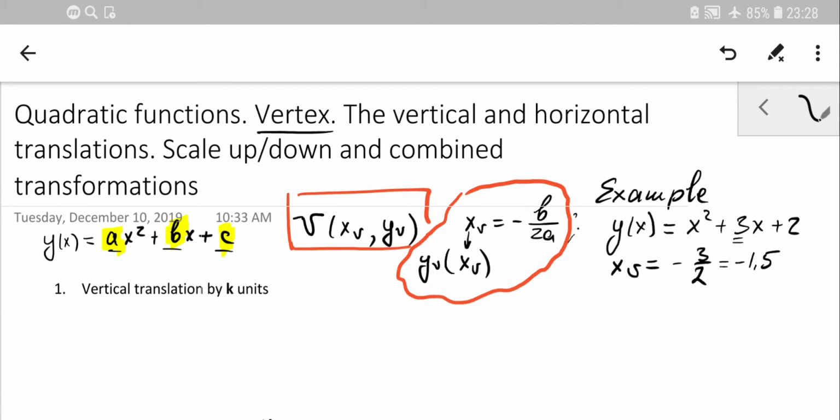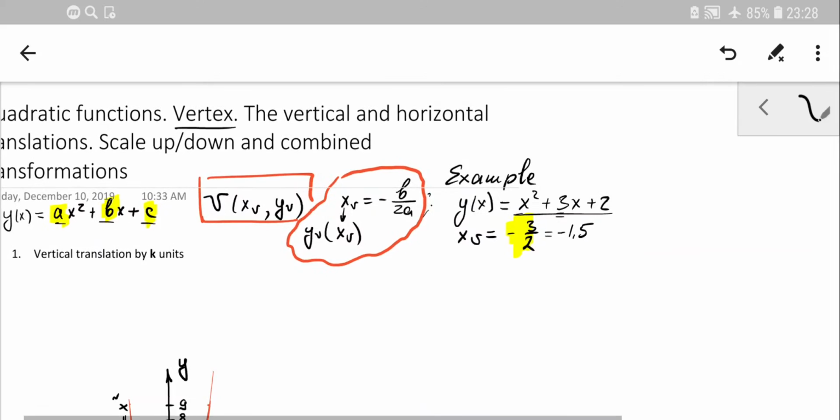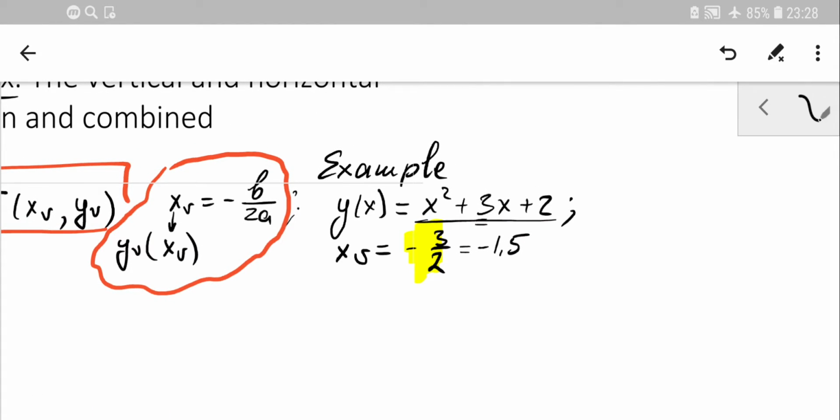All right, so we've got x vertex, but I will use the fraction negative 3 over 2 because it will be convenient for this expression. What I'm going to do next is put this value, negative 3 over 2, inside y instead of x, in order to define the y vertex coordinate.